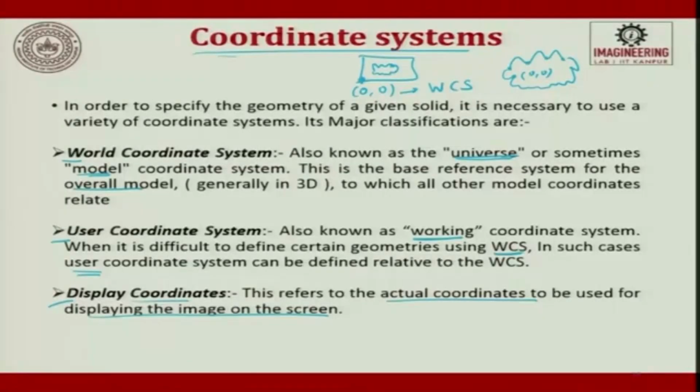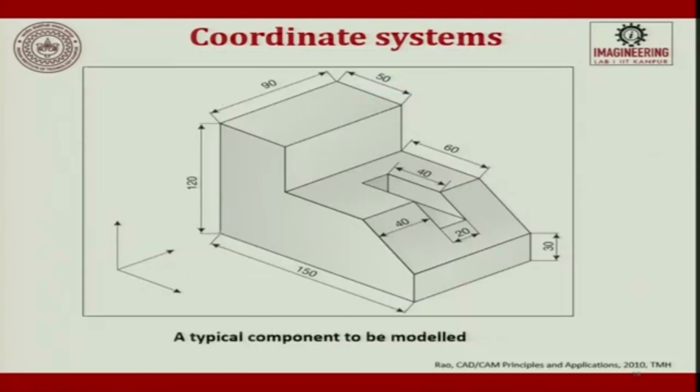If you see, this point is called the world coordinate system, and this one is called the user coordinate system. I started from here, shifted a point, and then started drawing this one, and next I started doing everything. This is a typical component which is 3-dimensional.